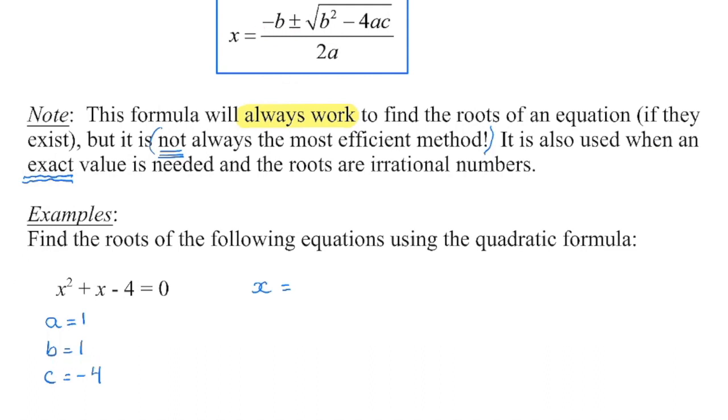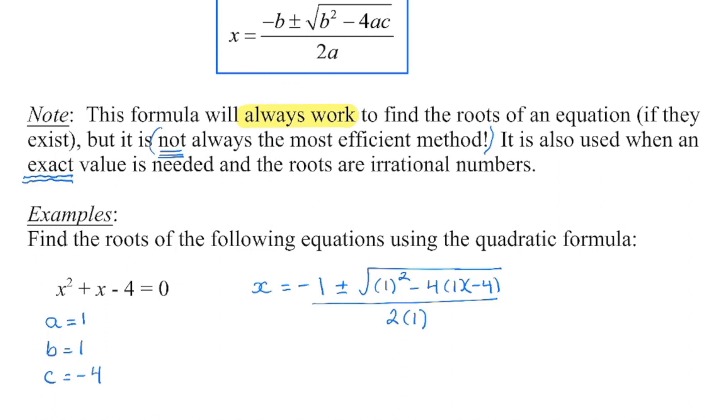So b is +1, but I'm going to have a -1 when I write it down, plus or minus the square root. Now it's really important to put this b in brackets. If it's positive, it won't change the answer, but if it's negative, we're also going to square that negative sign. -4 times the value of a times the value of c. Make sure that your square root covers the entire radicand, and we're going to divide that by 2 times the value of a.